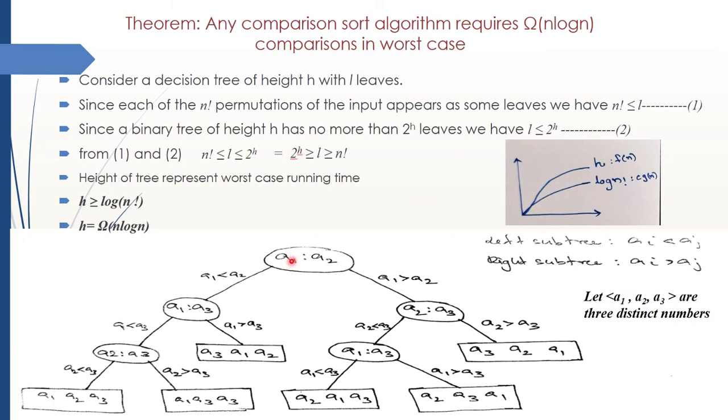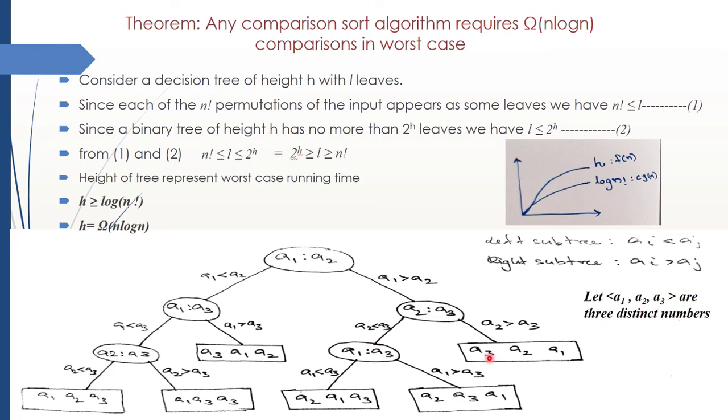We already studied that the height of the tree represents worst case running time. Suppose I am sorting 3 elements and the correct output sequence is A2, A3, A1. How did I come to the decision? First I compared A1 and A2, then I compared A2 and A3, then I compared A1 and A3. So I have to make 3 decisions.